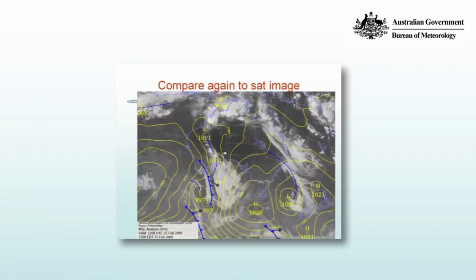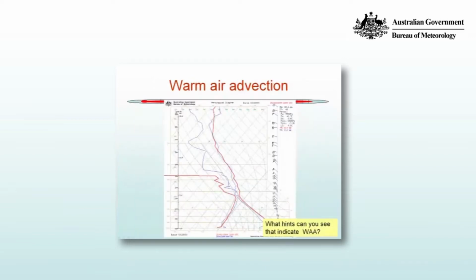If you go back to the satellite image, you can see that that's associated with a large area of cloud. So this is our cloud band formed by warm air advection, or upslide. The blue oval there is the location of a sonde, and here we have the sonde profile for Eucla.